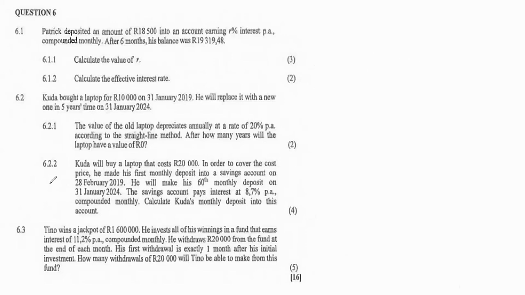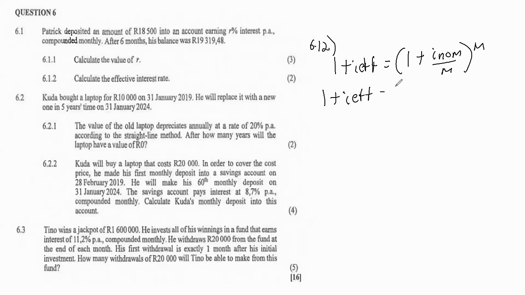So in 6.1.2, let's now tackle that. We have 1 plus i effective equals 1 plus i nominal over m, to the exponent of m. You will remember this formula from grade 11. To calculate the effective interest rate, all we have to do is substitute into this formula. So we have 1 plus the nominal interest rate, that's 8.70%, right?